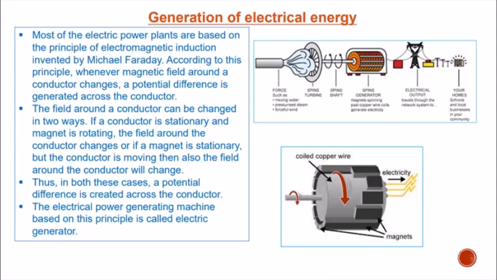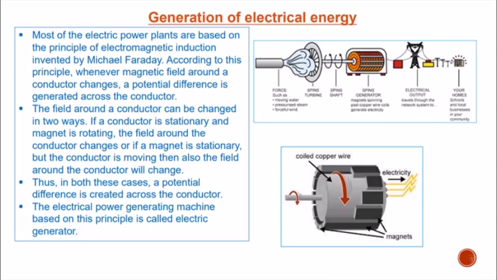According to him, whenever the magnetic field around a conductor changes, a potential difference is generated across the conductor. When that magnetic field changes, potential difference is created, and as potential difference is created, the flow of electric current will take place.